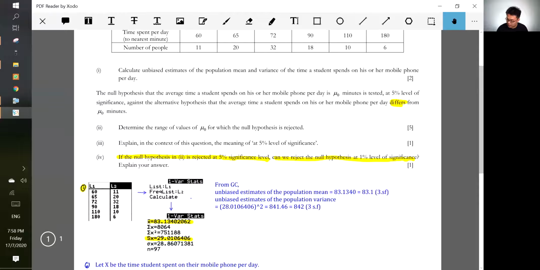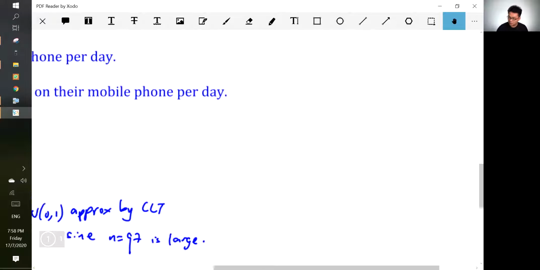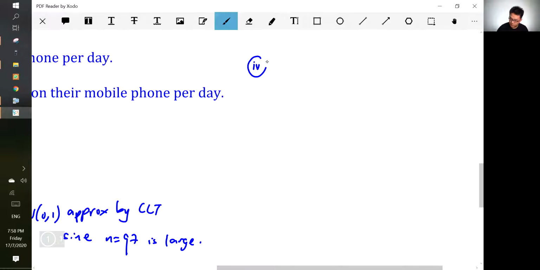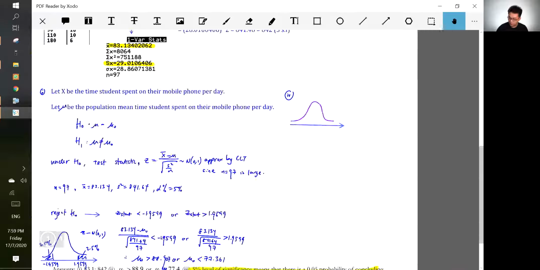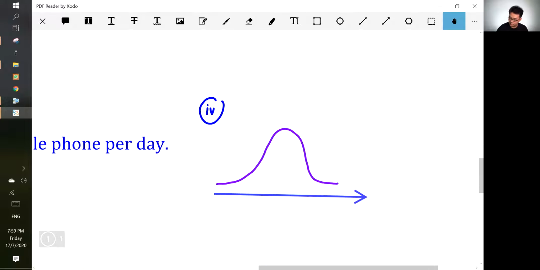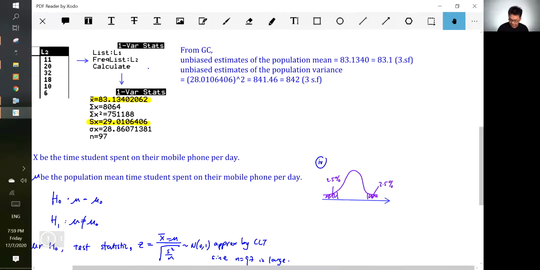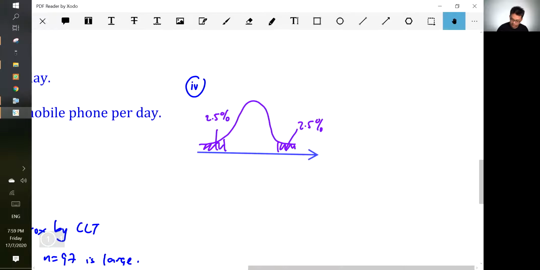5%, if it's rejected. Let's draw what rejected means. This part here, we have 2.5% and 2.5%. So when you reject at 5%, it's like that.